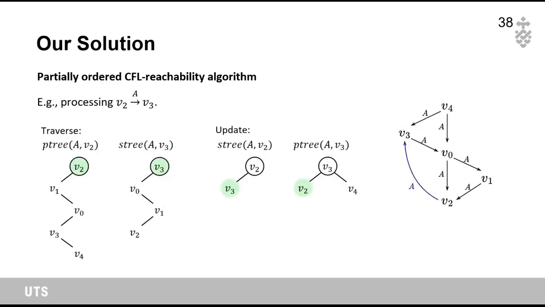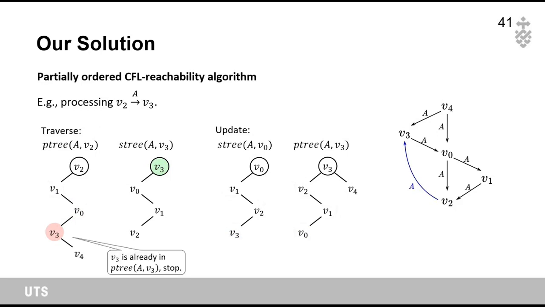Here is an example. While processing the edge v2 A v3, we traverse P tree A v2 and S tree A v3 from the roots to the leaves, where the traversal of P tree A v2 is nested in the traversal of S tree A v3. During the traversal, we update the successor trees of v2, v1, v0, and the predecessor tree of v3. In this case, the traversal of P tree A v2 stops at v3 because v3 is already in P tree A v3.